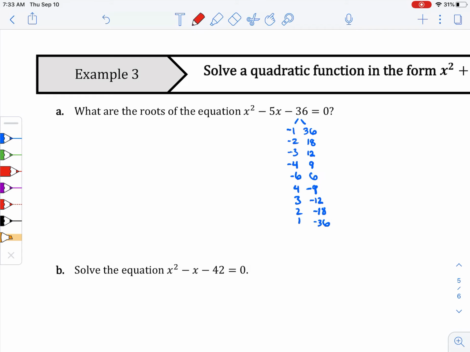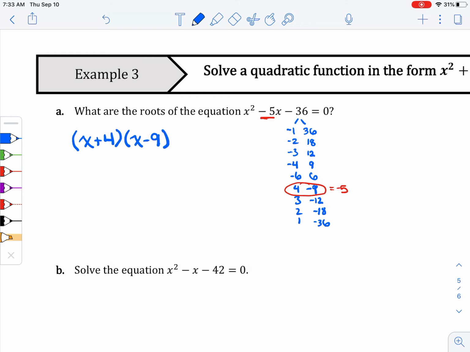I want to find which of those factors adds to -5. It's going to be this factor right here, because 4 plus -9 is -5. So that means that this function actually factors to (x + 4)(x - 9).